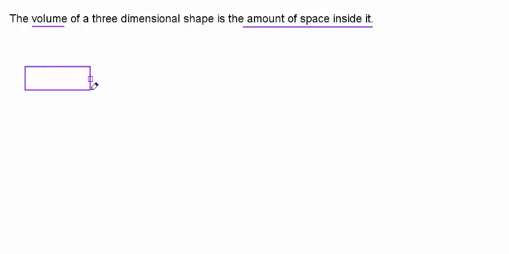For a rectangular prism with length L, width W and height H, the volume is given as the product of length and width and height.